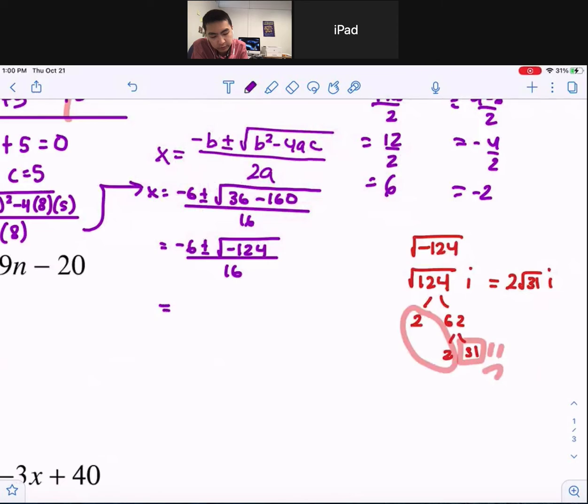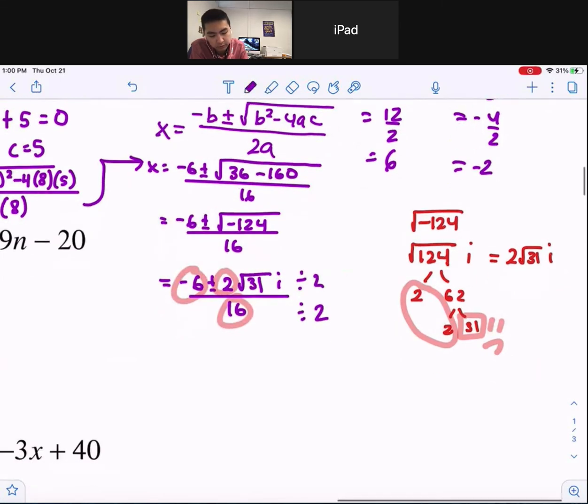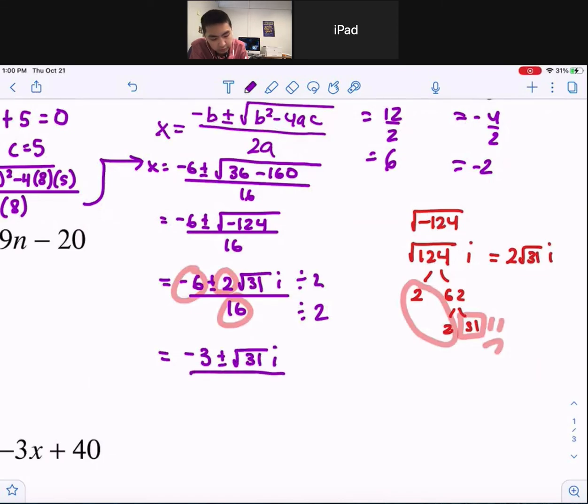So back to our original, negative 6 plus or minus 2 square root 31i all over 16. And if you guys notice, you can divide both of those by 2. Negative 3 plus and minus square root of 31i all over 8.